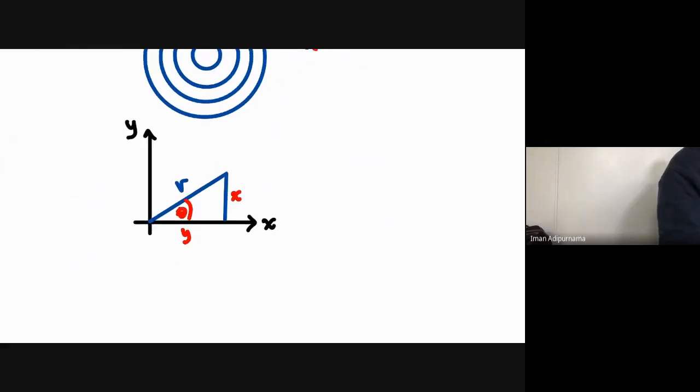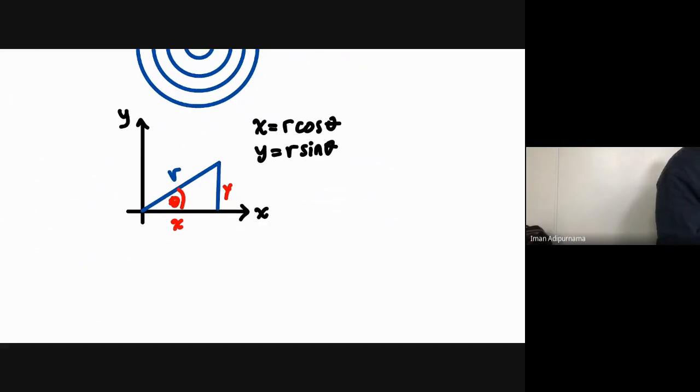So x is r, or y. This is wrong. x, y. x is r cos theta and y is r sine theta. Also, you can find the tangent.